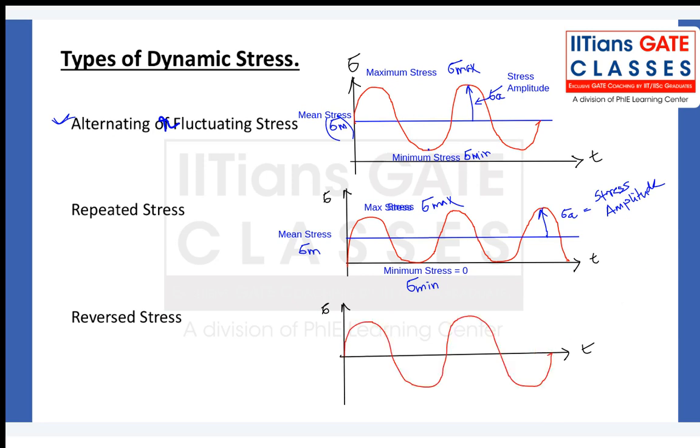If you consider the mean stress here, mean stress is coinciding with the time axis. That is, mean stress is nothing else but 0. This is maximum stress. This is minimum stress.